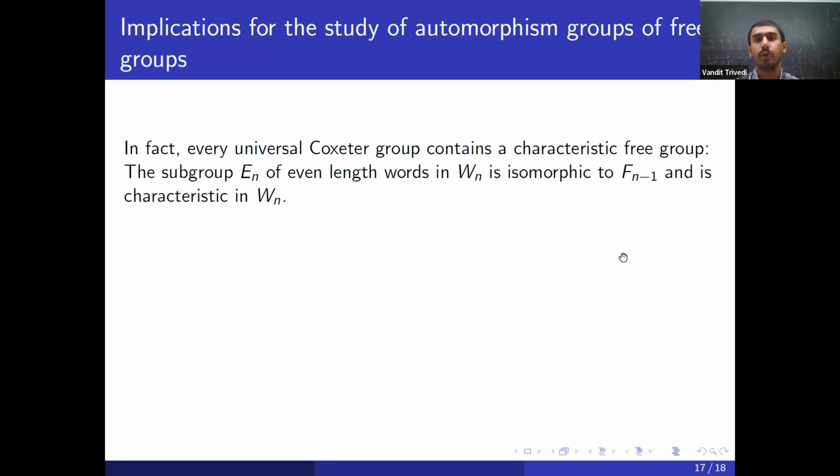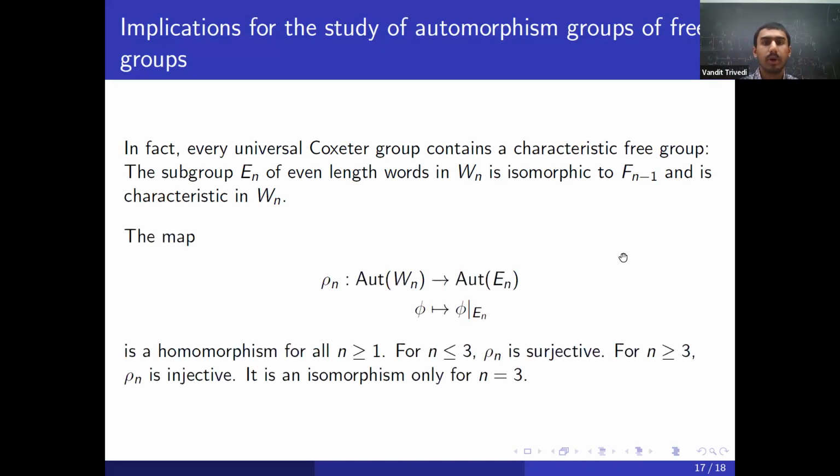So that's always true. And so this map rho n we can define again to be that restriction, which is always a homomorphism, but the key is that it's surjective only for n at most 3 and it's injective for n at least 3. And so we get this isomorphism only in that case, Aut W3 and Aut F2.